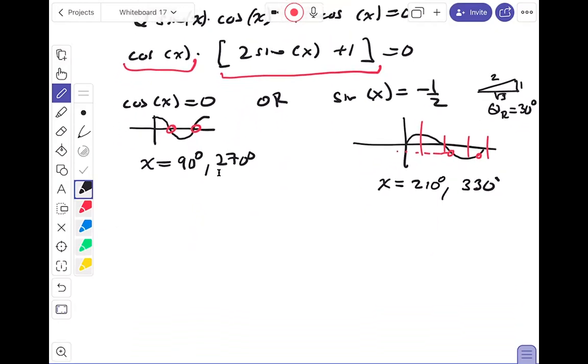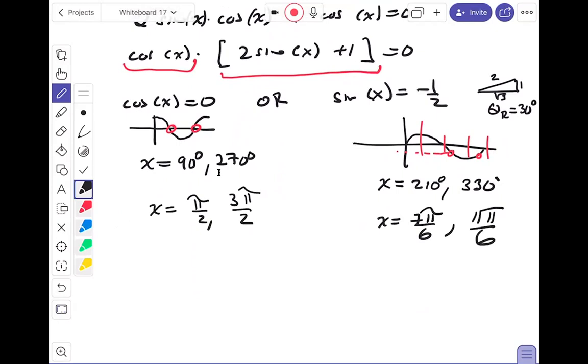X would be equal to pi over 2 and 3 pi over 2. Now 210 has something to do with 30 degrees, and 30 degrees would be pi over 6. So this would be x equals 7 pi over 6 and 11 pi over 6.